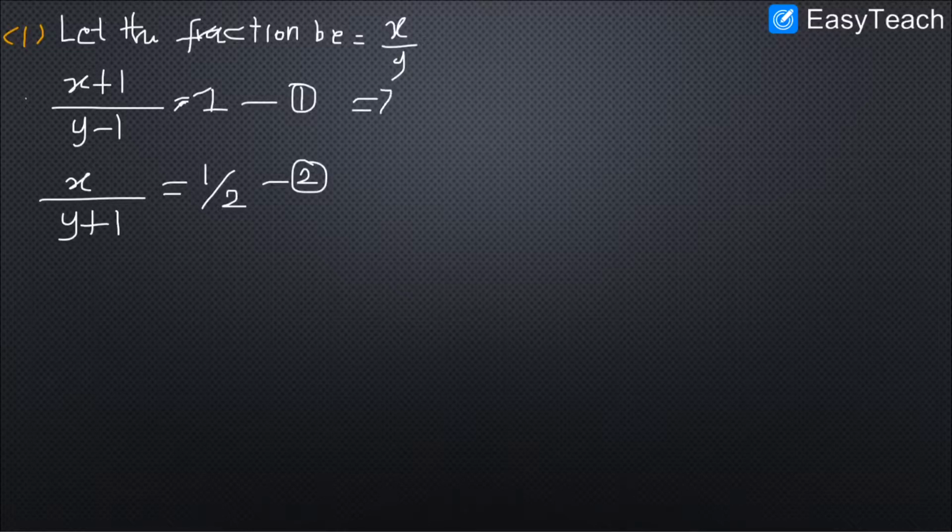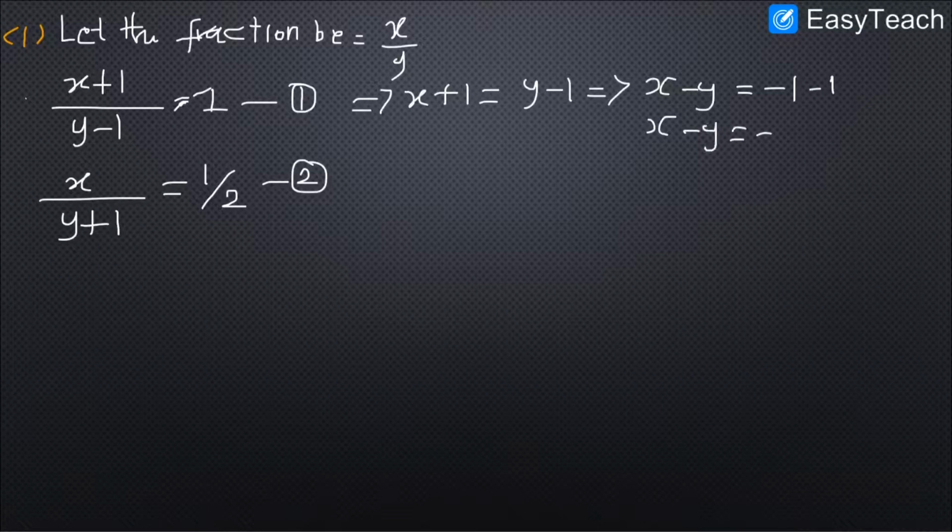Let's reduce the first equation as x plus 1 equals y minus 1, which gives x minus y equals minus 1 minus 1, which gives me x minus y equals minus 2. This is our first equation. I just converted it to the standard form.